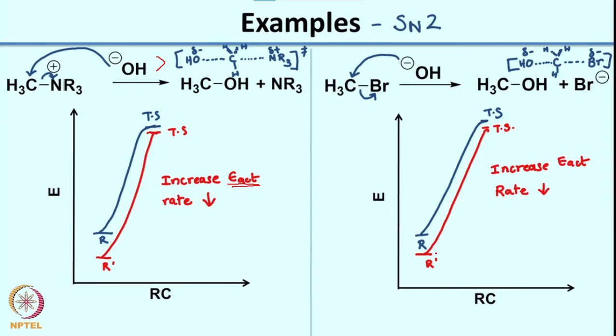Reactant energy will decrease, but not as much as in the first case, because here both the species are charged. Here only one species is charged, that's why it will decrease here. And the transition state difference will be very slight. That's why here also the increase in activation energy will be observed and the rate will decrease.